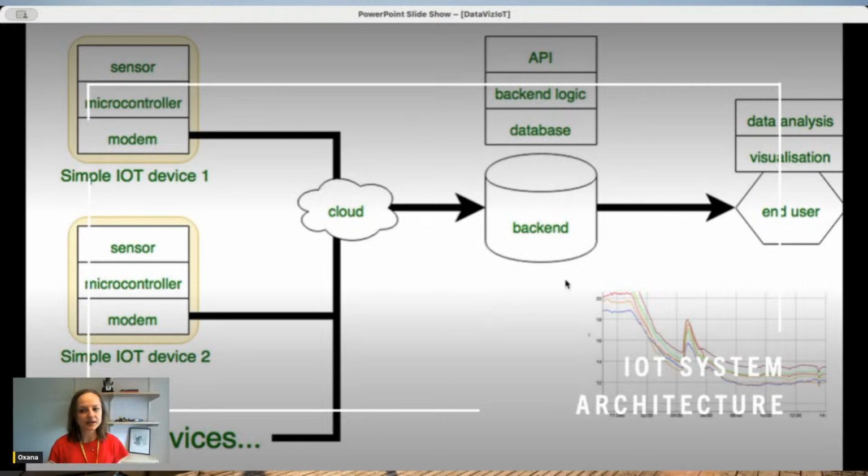Backend in this case, it can be a ready-made, no-code platform, like one of the ones we offer in the course, like UbiDots, Adafruit. So in this case, this will all be handled by the platform, so you don't need to implement anything.